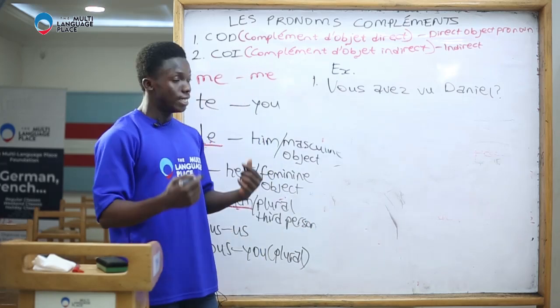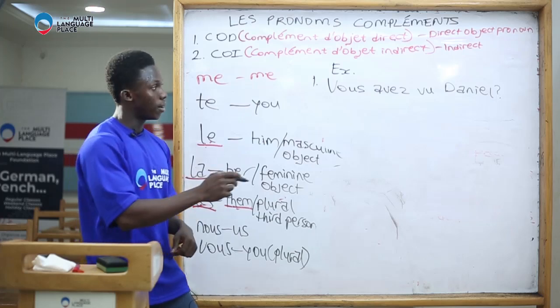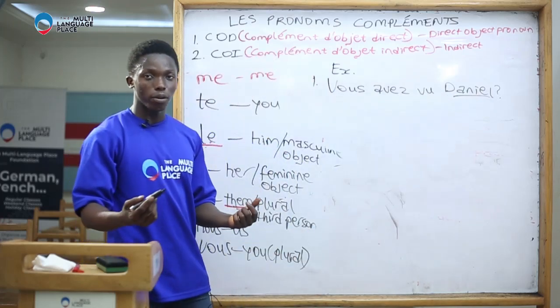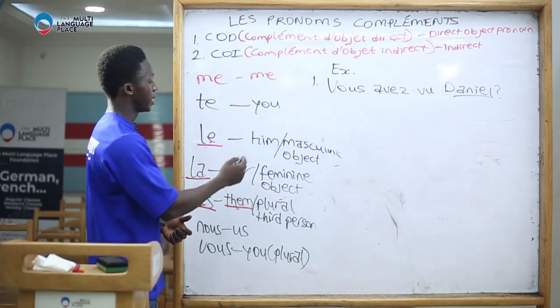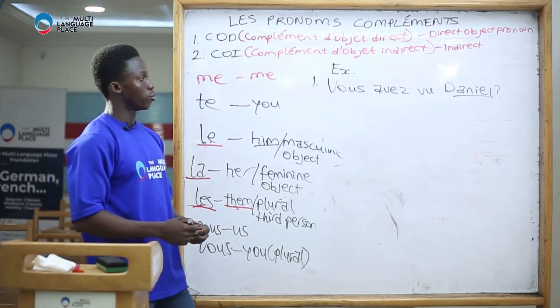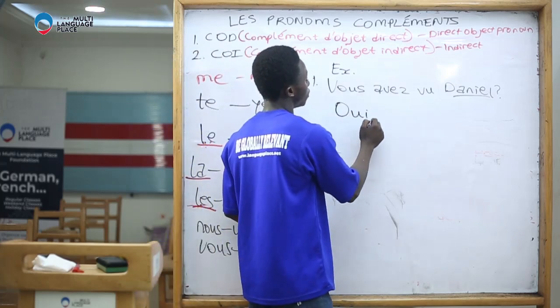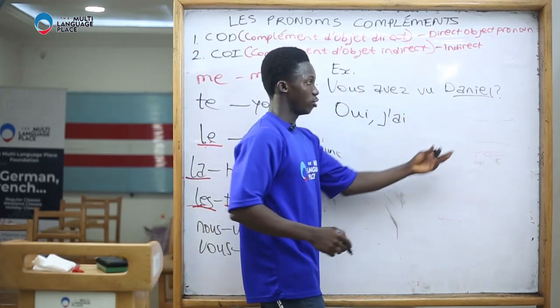And I want to say, yes, I've seen him. I have seen him. Remember, Daniel is the name of a man, so that will be him. What is him in French? Le. Let's first say it using Daniel.